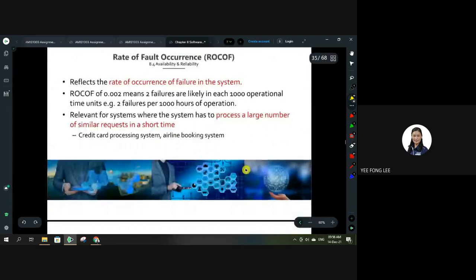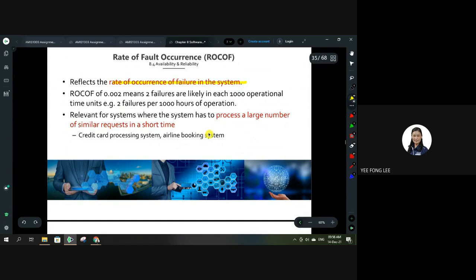How about the next one? ROCOF, rate of fault occurrence, reflects the rate of occurrence of failure in the system. This shall be used when demands on the system are made regularly.